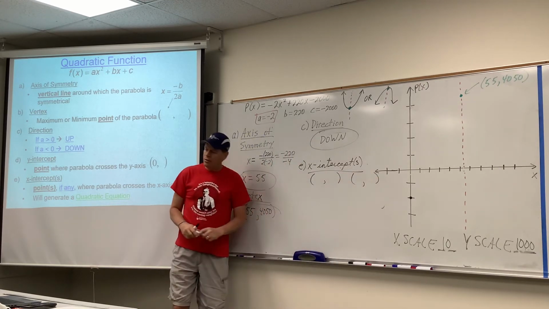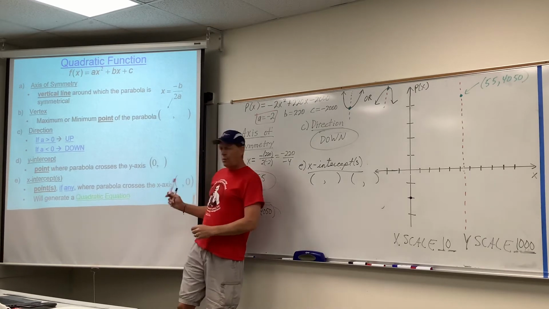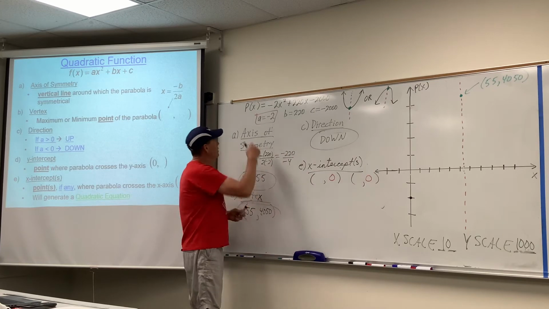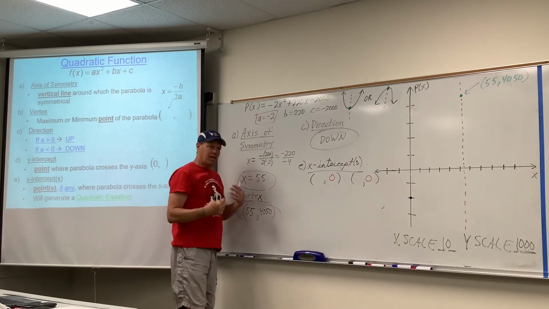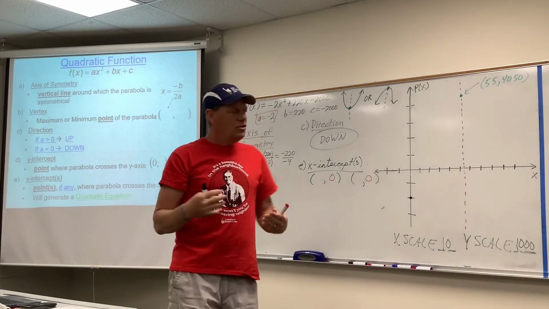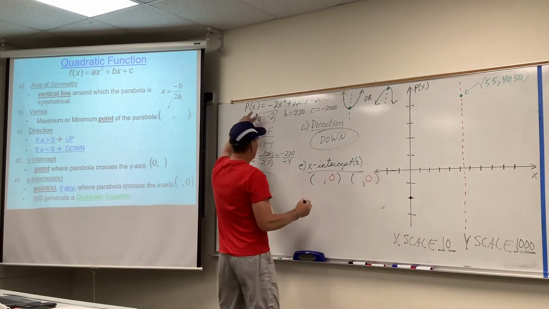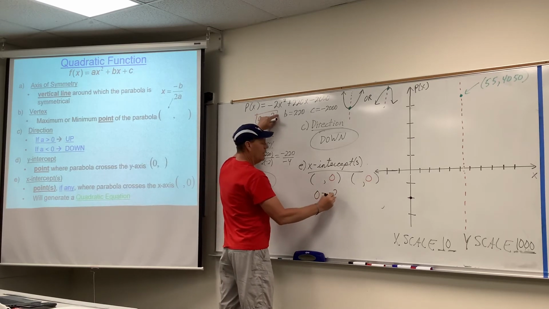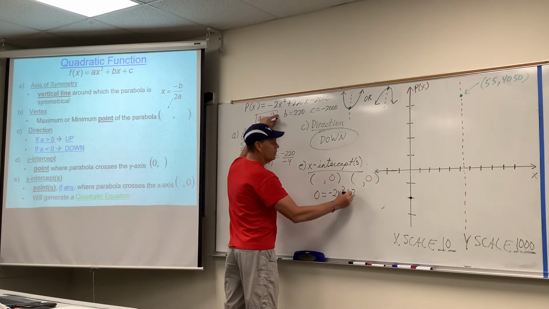And again, those points are always found by plugging 0 in for y, which I want to remind you is always the function, right? f of x, g of x, p of x, that's another name for y. So plugging 0 in for y is basically the same thing as 0 equals negative 2x squared, and so forth.